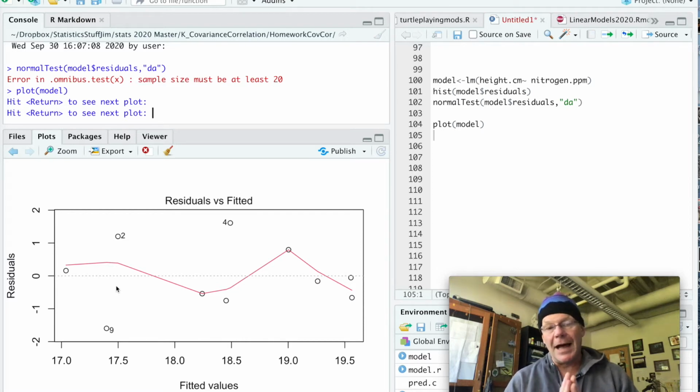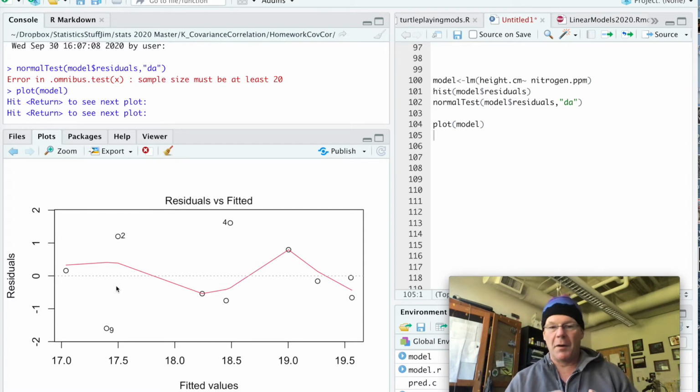When you plot the fitted values versus the residual values, what you'd like to see is no pattern, just a scattering of points where there's no obvious pattern, where the residuals are not getting larger as the fitted values get larger, or vice versa. You don't want a situation where at the lower fitted values you have really high residuals, and then your residuals start to decrease.